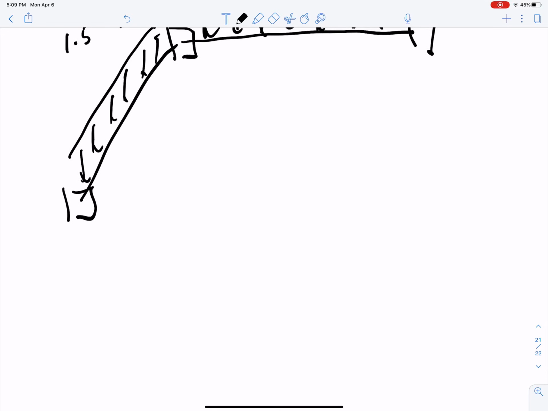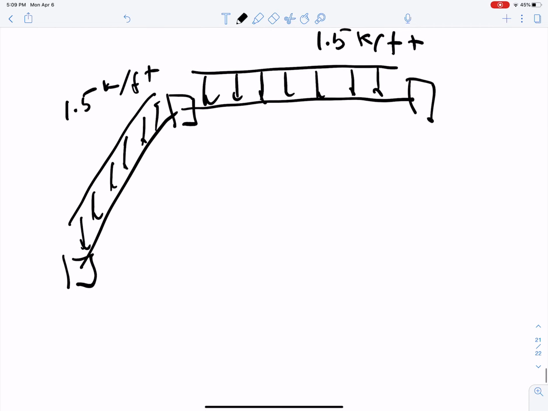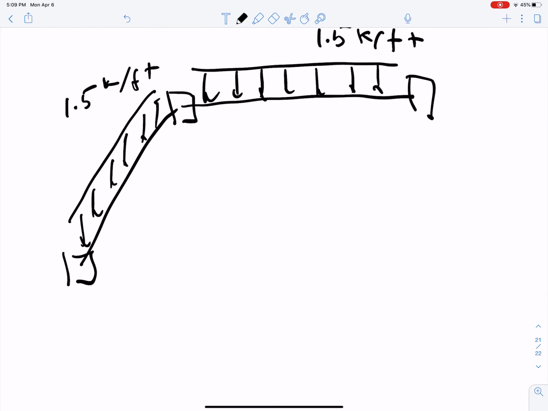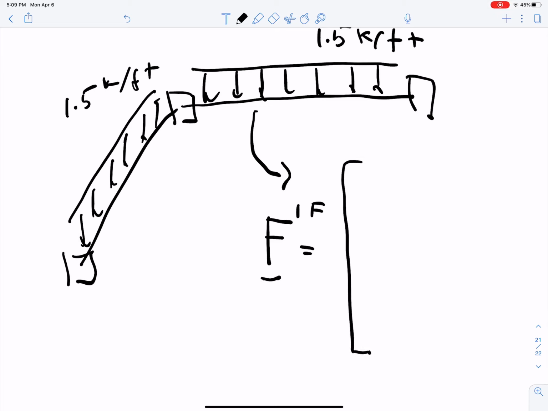So in general, how do we handle situations like this? Well, if we look at an element like this, and this is what we covered in the previous lecture, we can compute the applied force, the equivalent nodal forces to that distribution of the load, as follows. Nothing makes it into x, because the load is purely vertical.